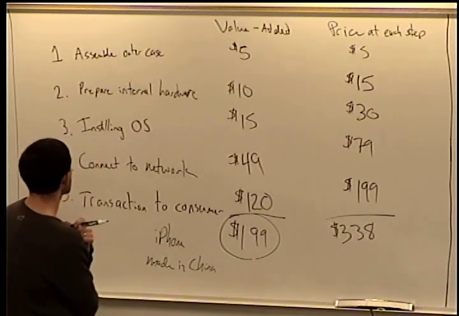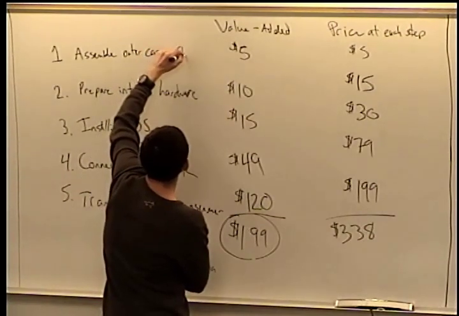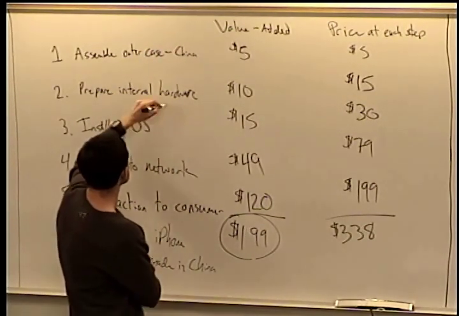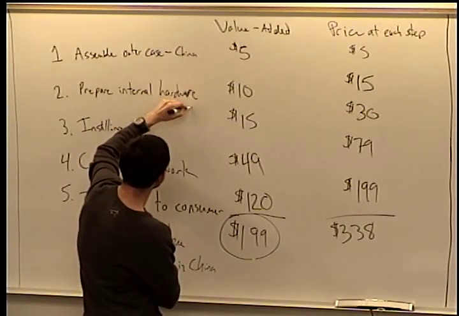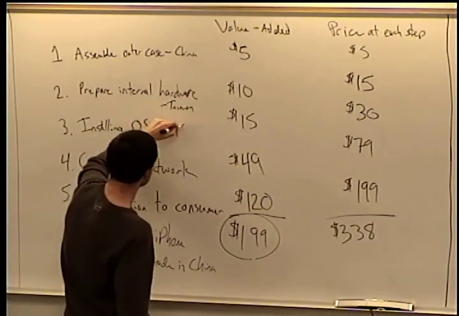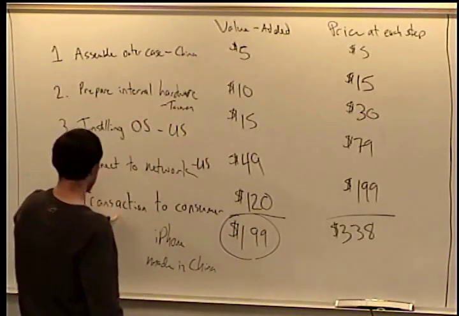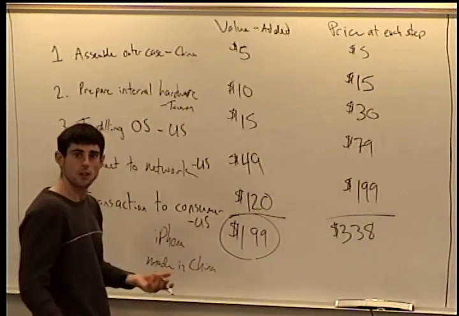However, if we look at the value added method, the assembly of the outer case happens in China. The internal hardware, we'll say, is prepared in Taiwan. Operating system is made in the US. It's connected to the network in the US. And we sell it in the US to you.